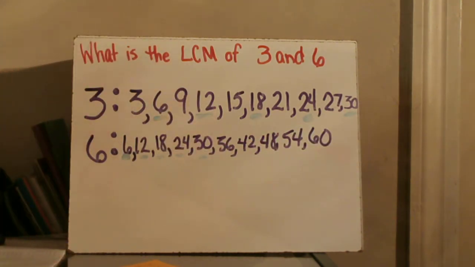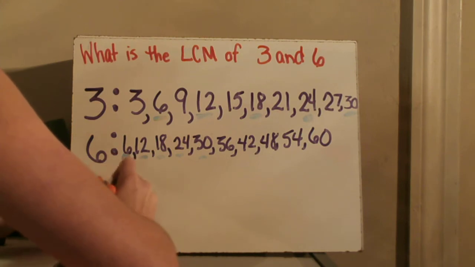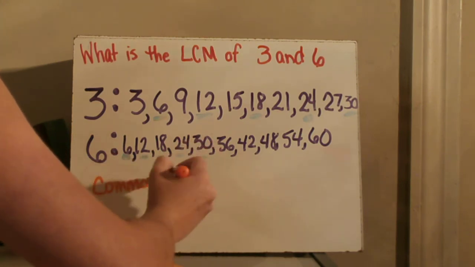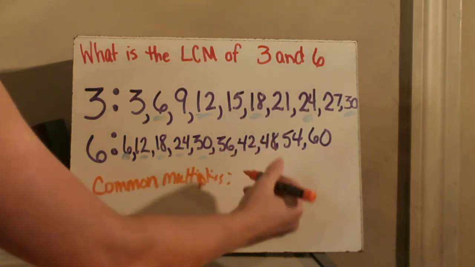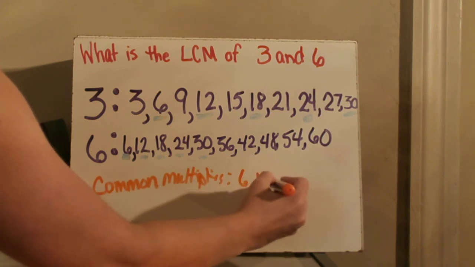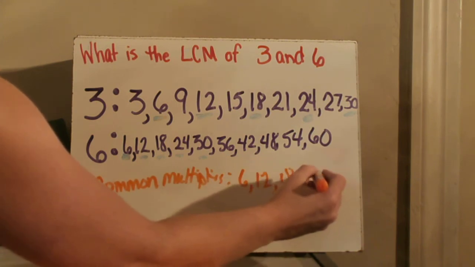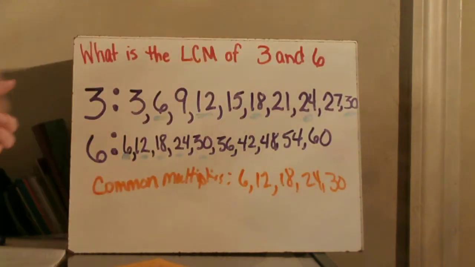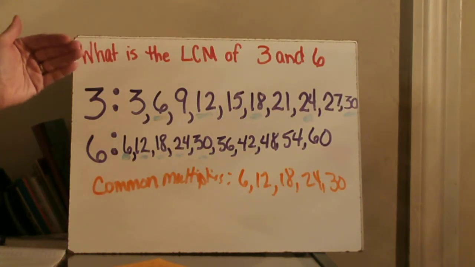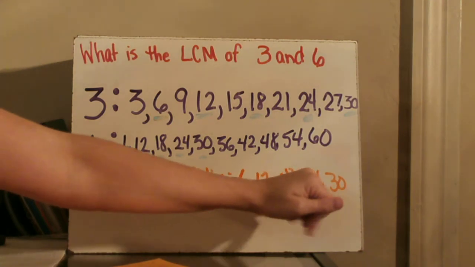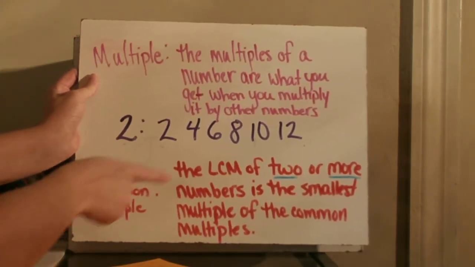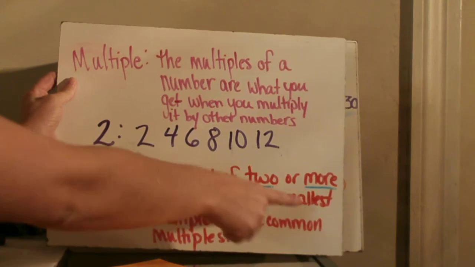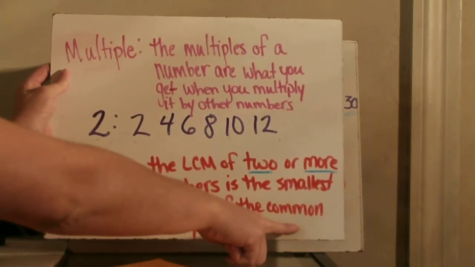So for 3 and 6, the common multiples are 6, 12, 18, 24, and 30. Again, this is just the first 10 multiples. So the first 10 multiples of 3 and 6 have 5 numbers in common. But remember, we're looking for the least common multiple, the smallest of all the common multiples.